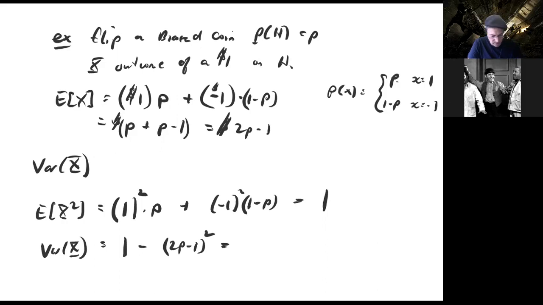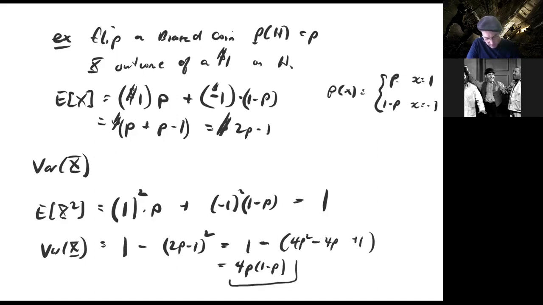And you can expand this out, you'll get 1 minus 4P squared plus 4P minus 1, which turns out to be 4 times P times 1 minus P. So that's the variance of this coin flip.